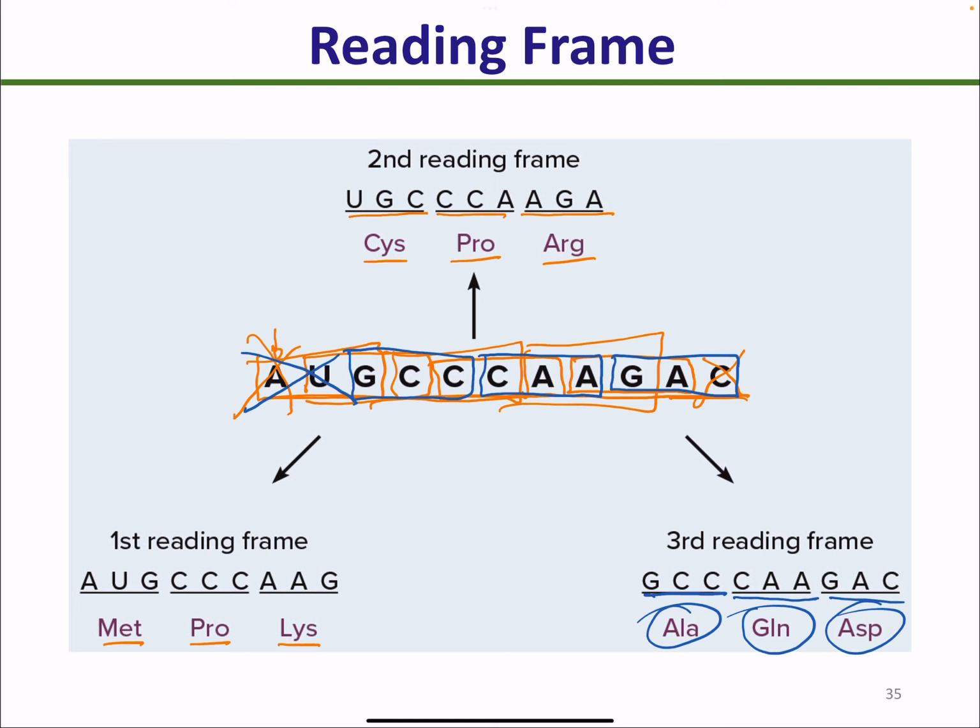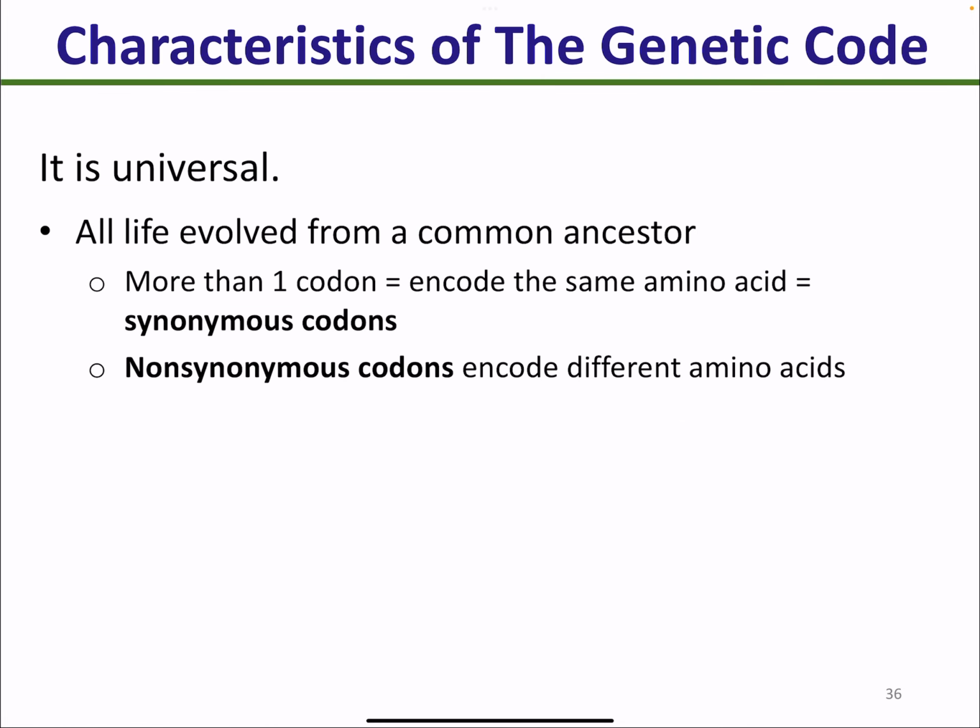At first it's kind of speculation, and then we run experiments to verify that the sequence we thought to be the open reading frame is indeed the open reading frame. But until you run an experiment, you cannot be sure.